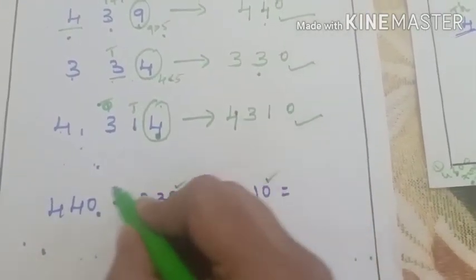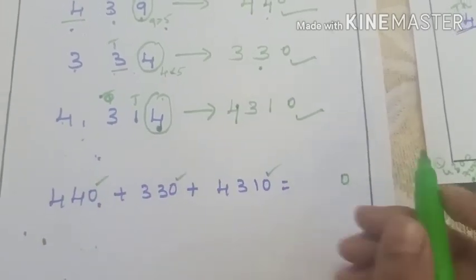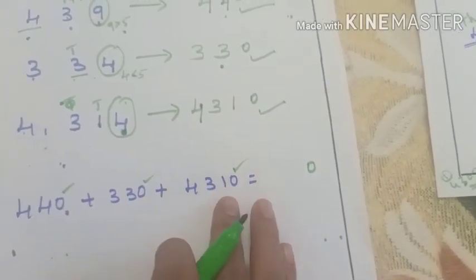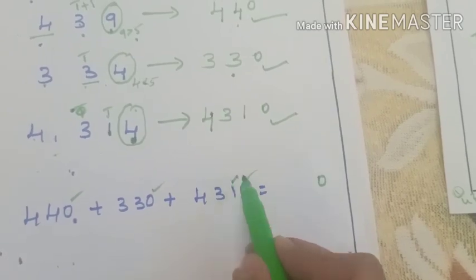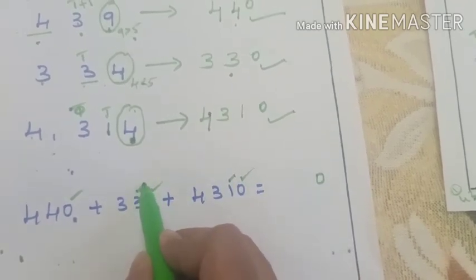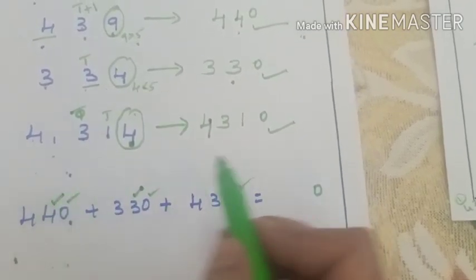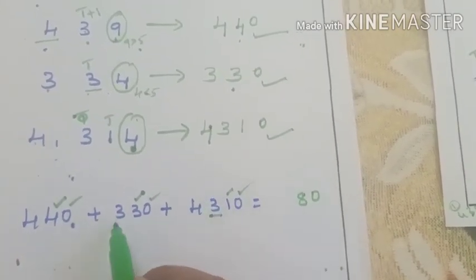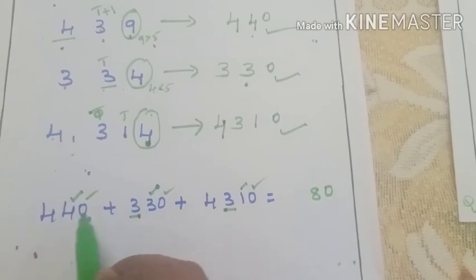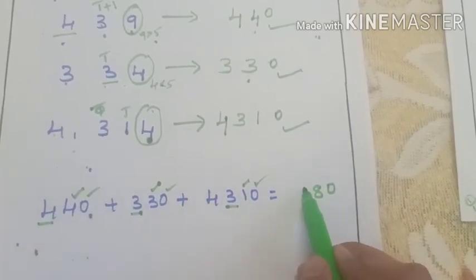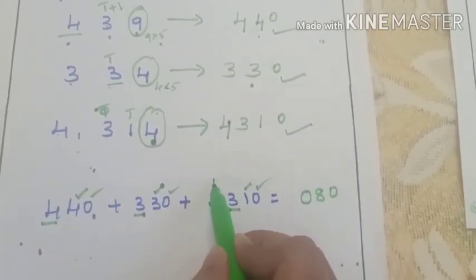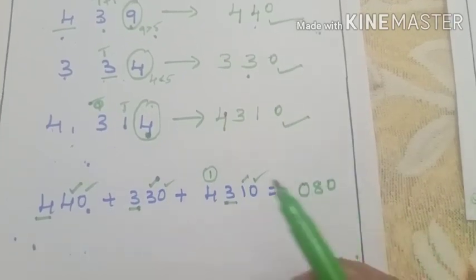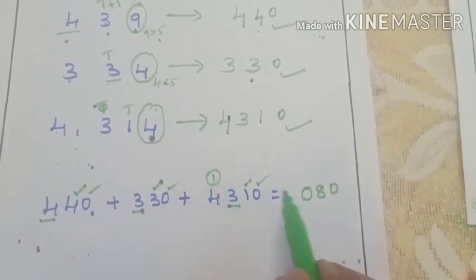0, 0, 0 will become 0. Fine. The next number: 1, 3, 3. 1 and 3 is 4. 4 plus 4 is 8. Next, 3 plus 3 is 6. 6 plus 4 is 10. 10 means 0 here, 1 carry to the thousands place. 4 plus 1 is 5.